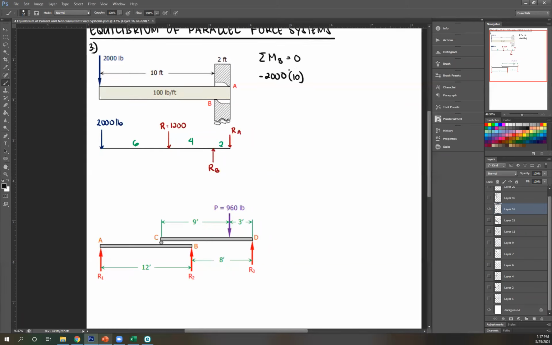Next up, your weight, 1,200, about B. Once again, that's counterclockwise, so minus 1,200, perpendicular distance is 4. RB is at B, so ignoring that. Next, RA, it's clockwise, so plus RA, perpendicular distance 2, equals 0. So please solve for RA. What's the answer?